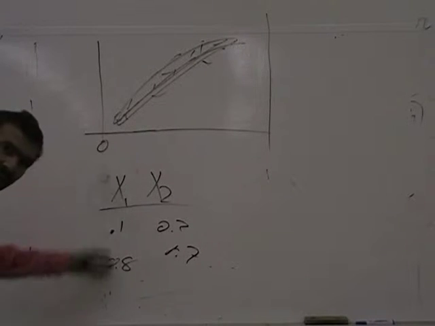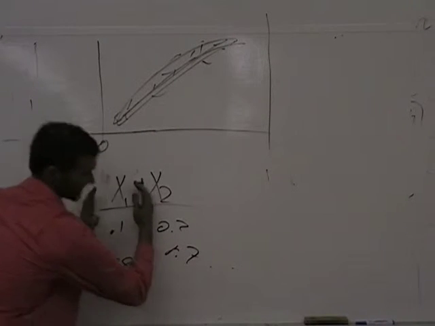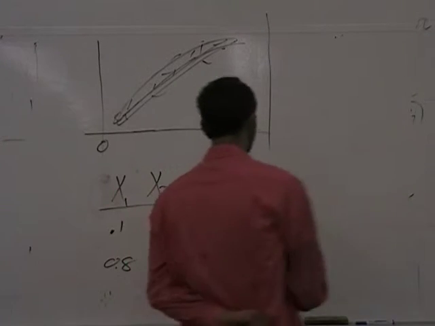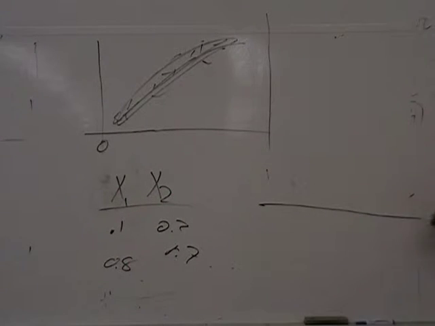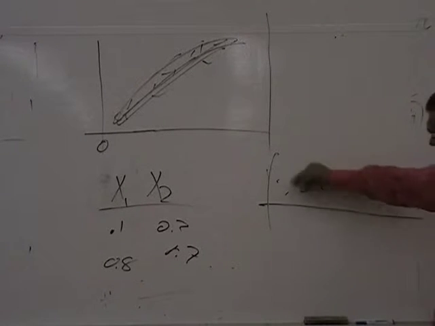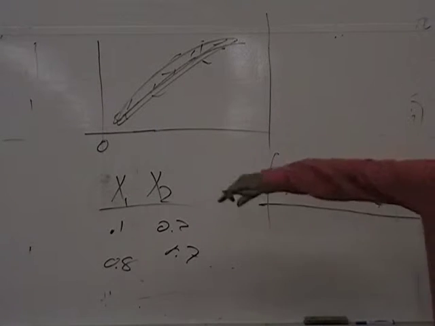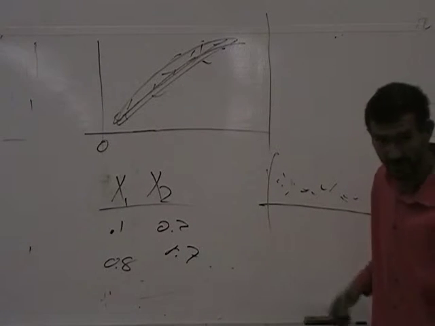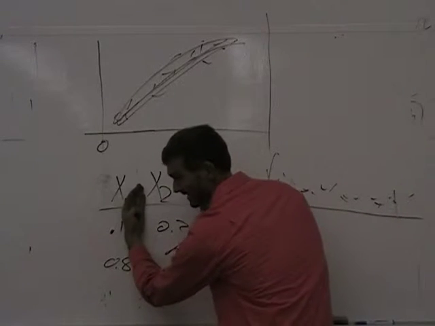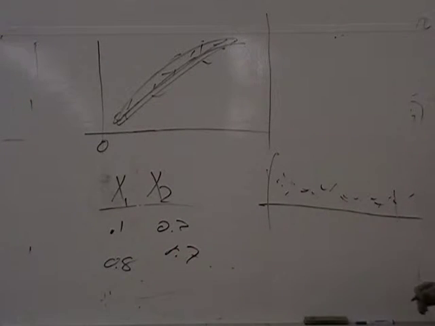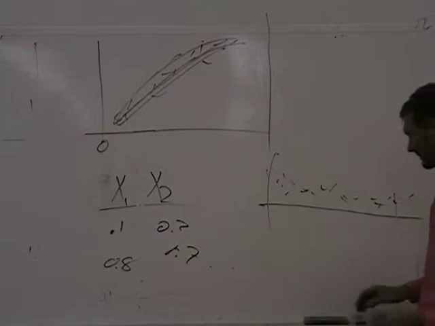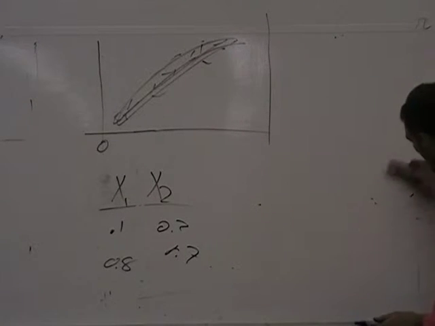If I look just at x1 alone and plot a histogram, it looks like my uniform distribution. And the same is true if I look just at x2: it looks like the uniform distribution.